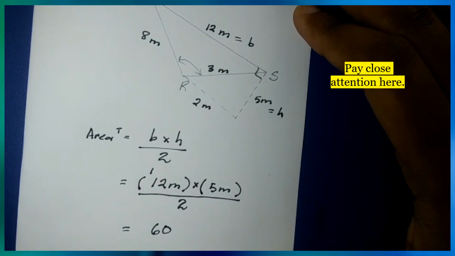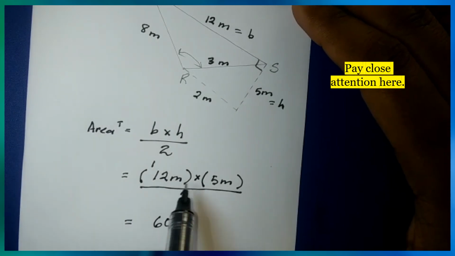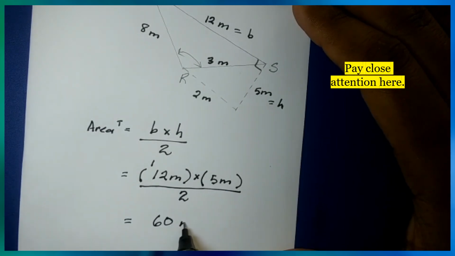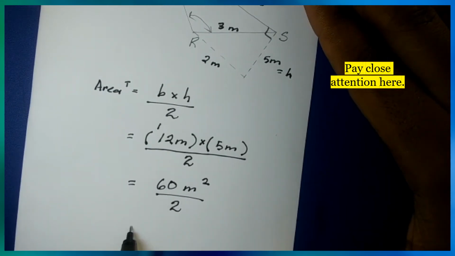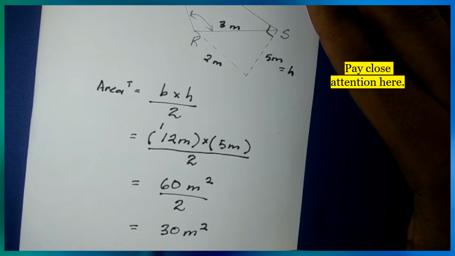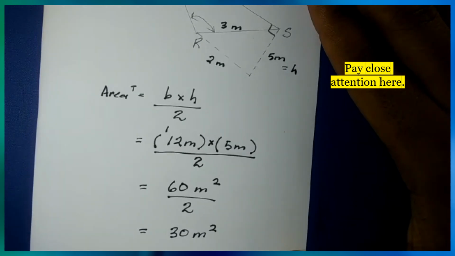Good. So it's 60. And m times m gives me m squared. And I'm dividing by 2. 60 divided by 2 gives me 30. And it's 30 meters squared. And that's the area of triangles.